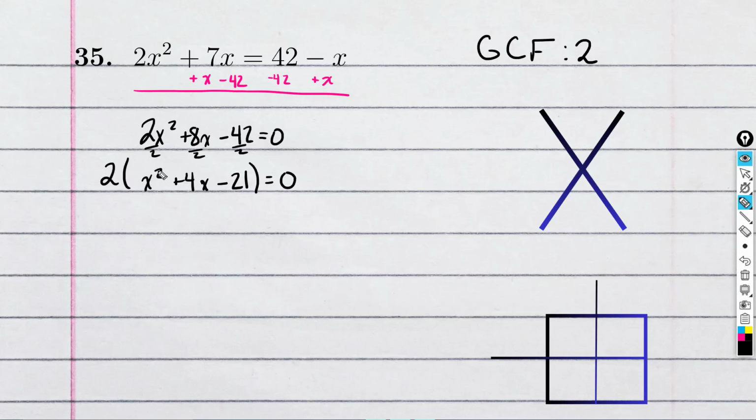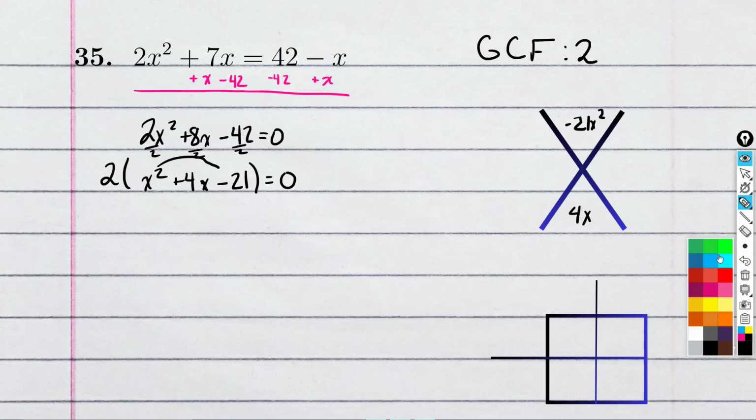So the product of my a times c goes over the top. So -21x squared. At the bottom, we're going to put that 4x. And so we're trying to find the numbers that will multiply to give me -21 that will add to give me 4x.